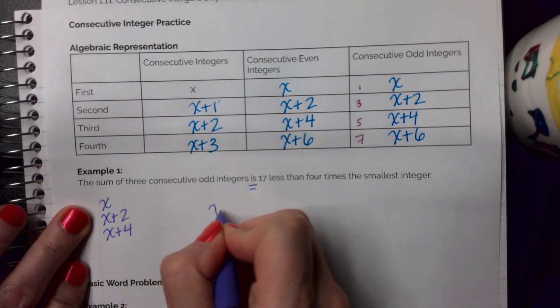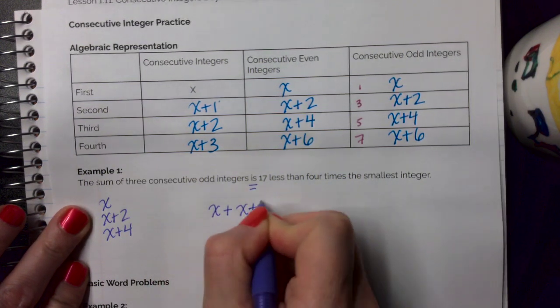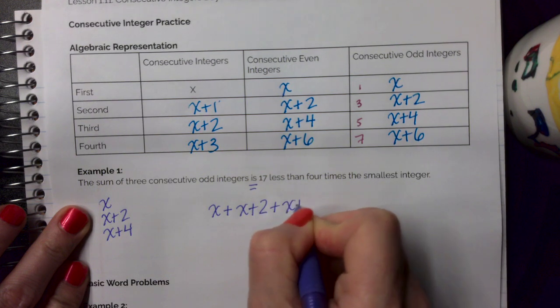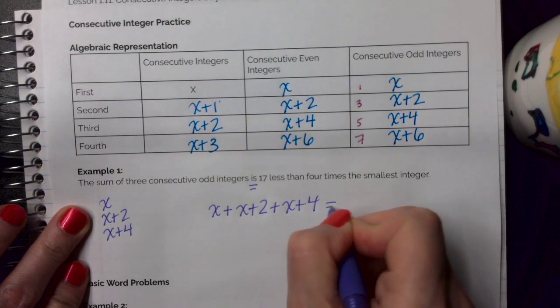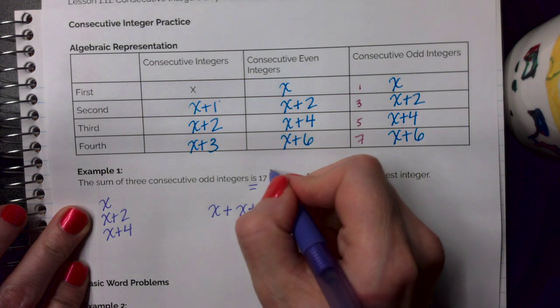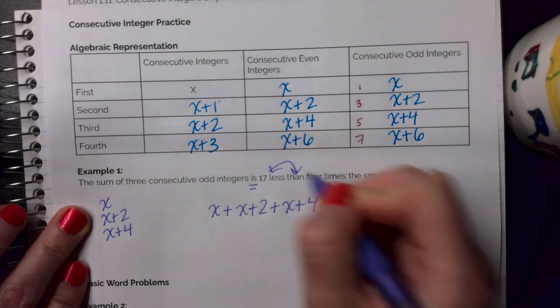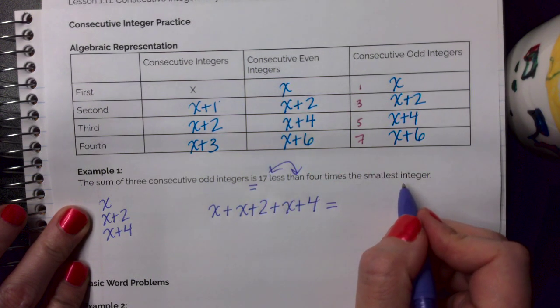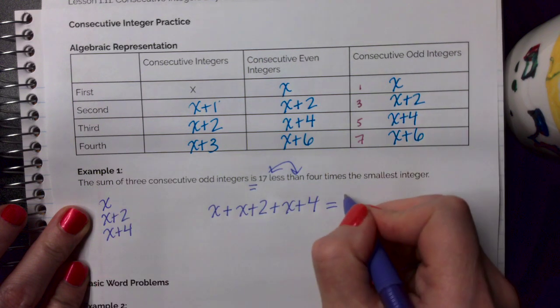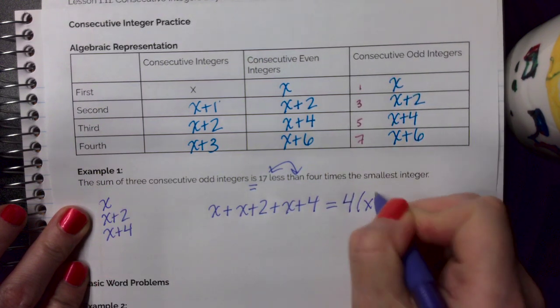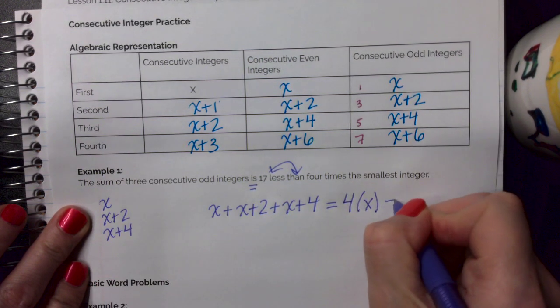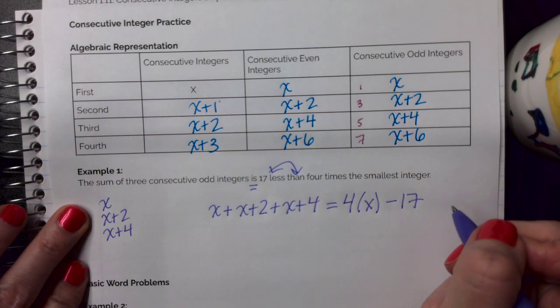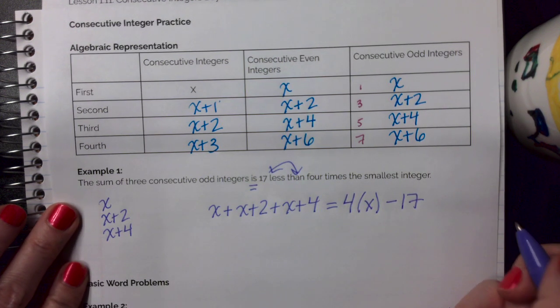So we have x plus x plus 2 plus x plus 4 is equal to 17 less than, okay, less than is one that flips it, 4 times the smallest integer. Here's the smallest integer. So 4 times the smallest integer minus 17. There is 17 less than.